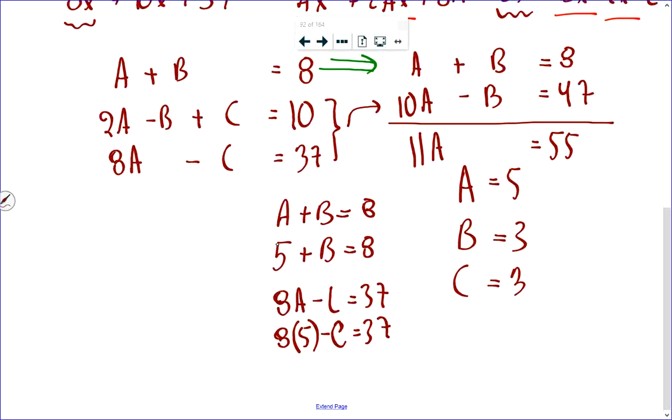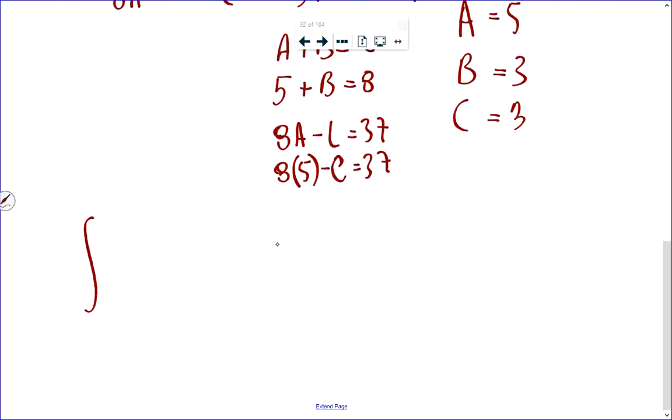You're not done, because we did this so that we could rewrite that integral from the integral of whatever that was. I'm not going to rewrite it. Of a over, was it over x minus 1? And a we discovered is 5, plus bx plus c over, keep going, plus 2x plus 8.